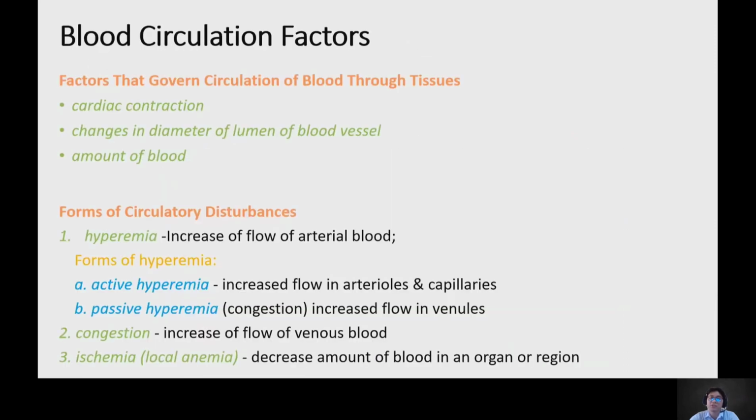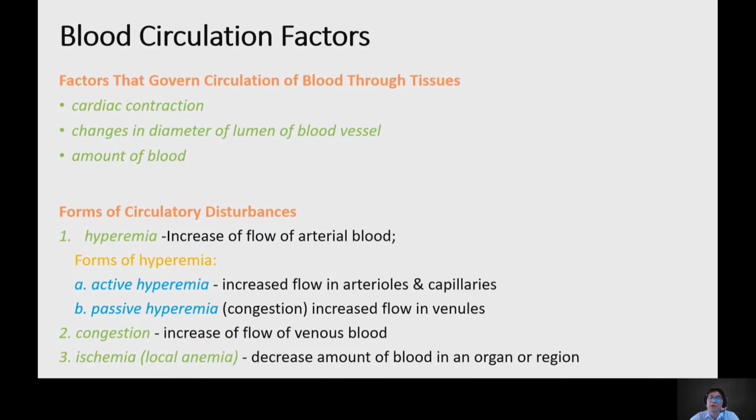Next is blood circulation factors. Factors that govern circulation of blood through tissue are cardiac contraction, changes in the diameter of the lumen of the blood vessels, and amount of blood. Forms of circulatory disturbances. First is hyperemia. It means increase of flow of arterial blood. There are two forms of hyperemia: the active hyperemia that increases the flow of arterioles and capillaries.